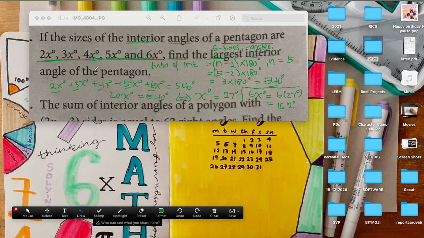And then don't forget, this is a word problem, so better to make a conclusion to show what you are finding about. So the largest interior angle is 162 degrees. That's for number 10.